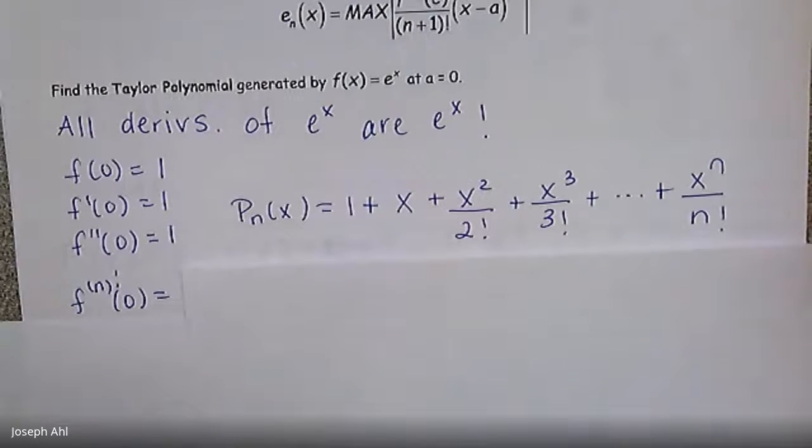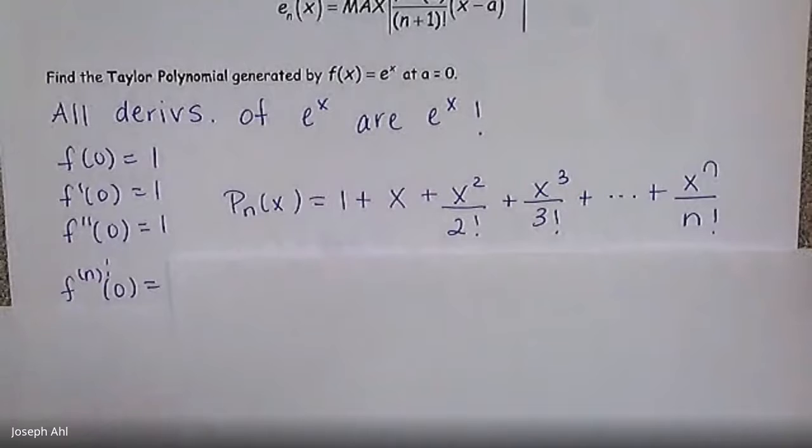It's going to be 1 plus x plus x squared over 2 factorial, x cubed over 3 factorial, all the way until we get to the nth term of the series, x to the n over n factorial. So that's pretty impressive that we can model a function based on an infinite series.